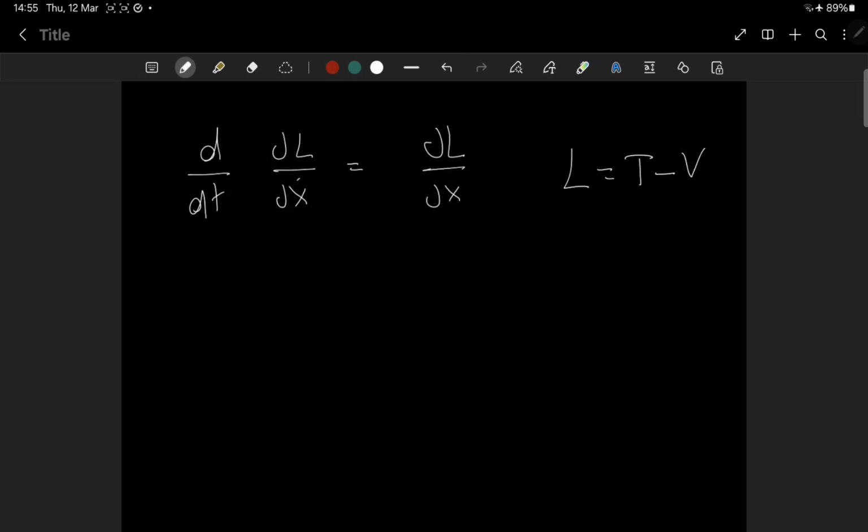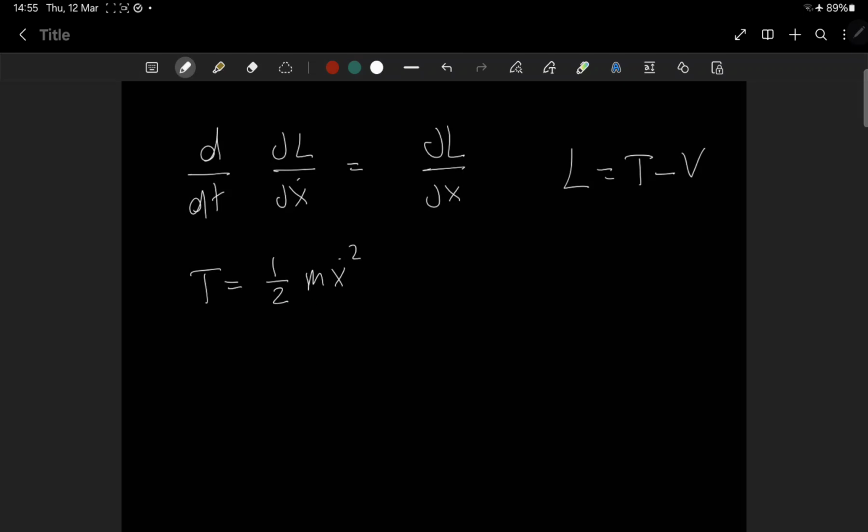So let's start. Remember that the Euler-Lagrange equations are given by d by dt of partial L by partial x dot, and this equals partial L by partial x. And L, if you remember, is the kinetic energy minus the potential energy. T is the kinetic energy, and it's just 1/2 m x dot squared.